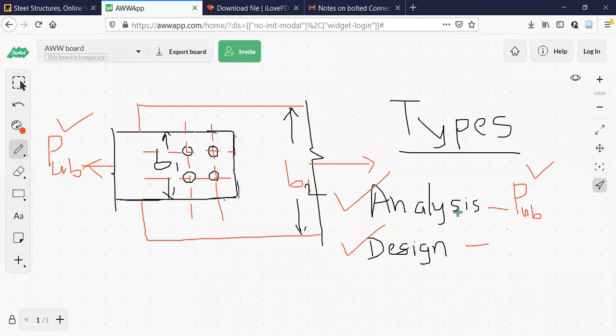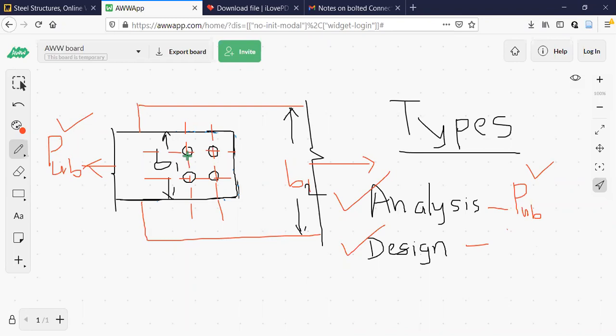Again, it is analysis. Always solve a problem on analysis first. Once you are good in analysis, only then are you able to design those bolted connections. In design, you have to calculate so many things. Usually the members to be connected are given, whether an angle is connected to the gusset plate, or a flat plate member is connected to the gusset plate or any other plate.